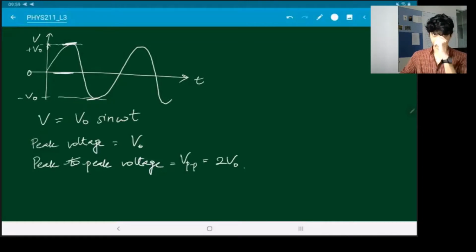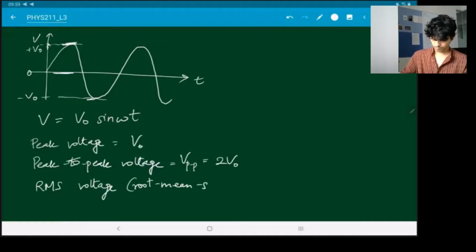And the third thing that I want to define over here is what is called the RMS voltage. Now RMS voltage, so this stands for root mean square. So this is a way of defining an average or a mean over the sine wave.